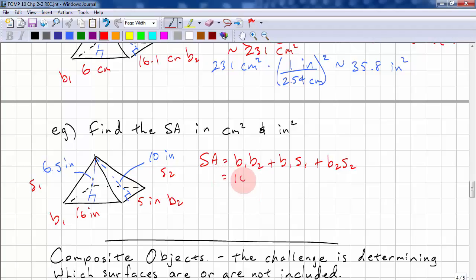So we have 16 inches by 5 inches plus 16 inches by 6.5 inches plus 5 inches times 10 inches.